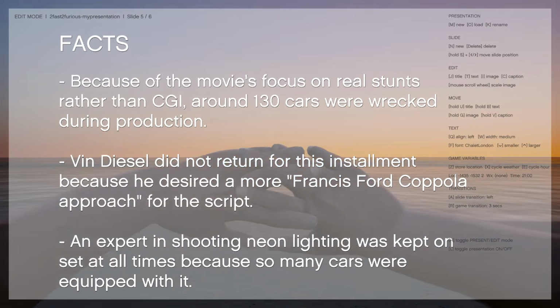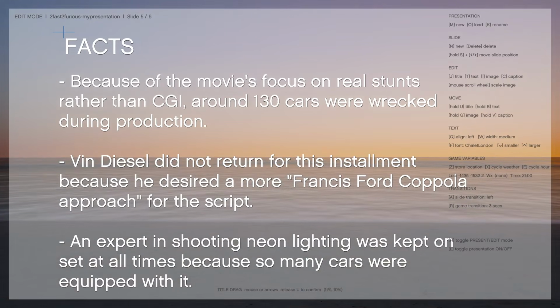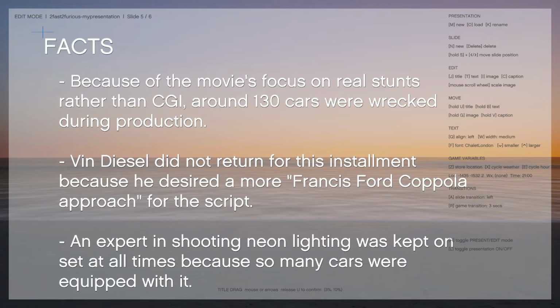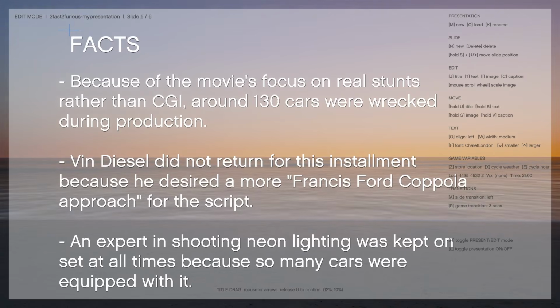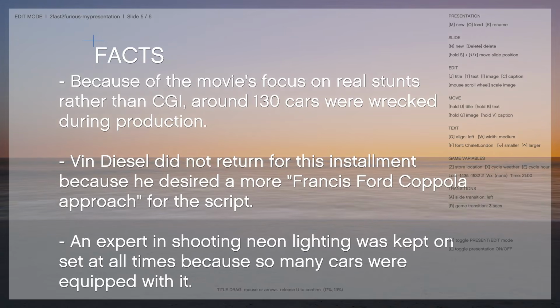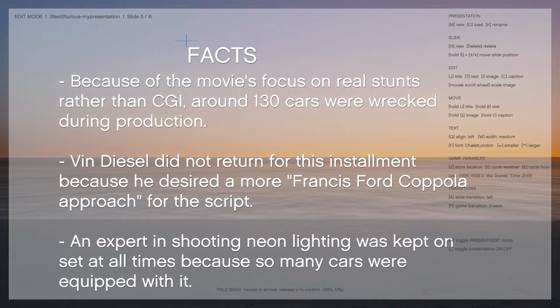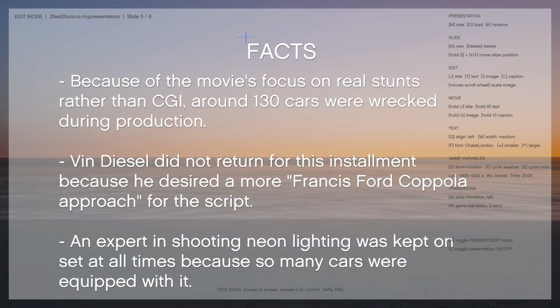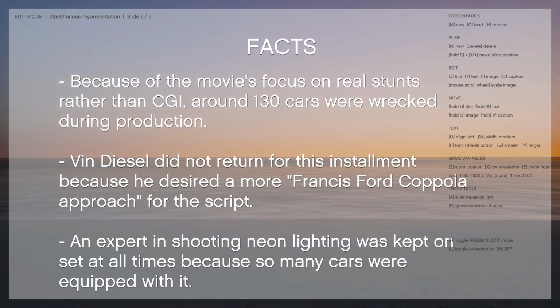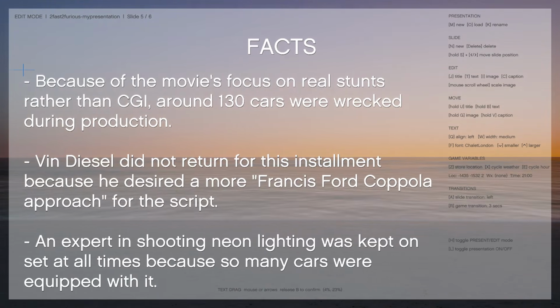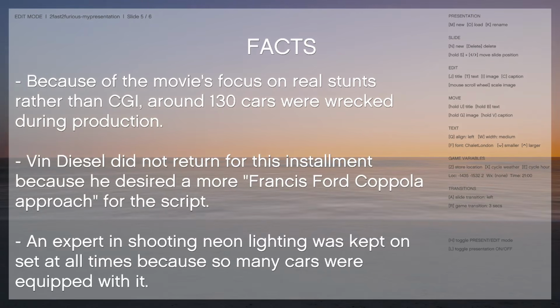If I press the U key and move the mouse, I can move this around, or also with the arrows for more fine-tuned control, and I can do the same with text by pressing the B key, and also image and caption.